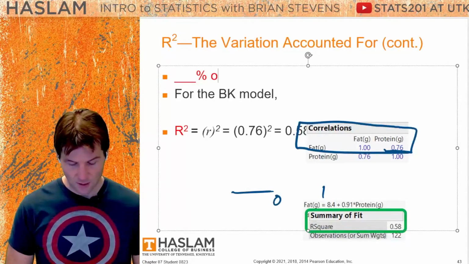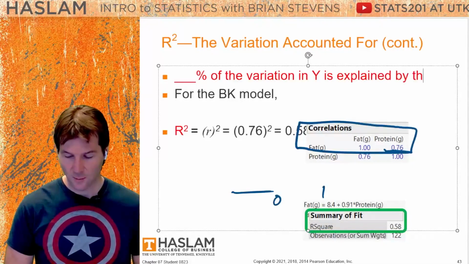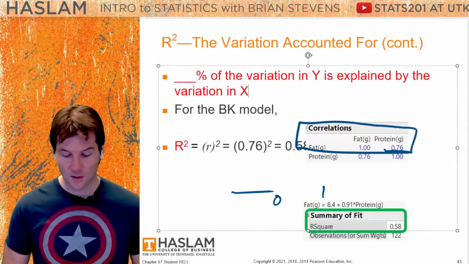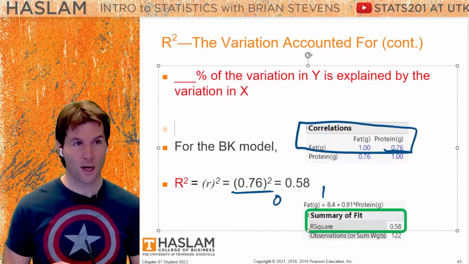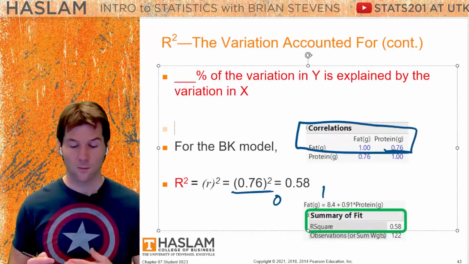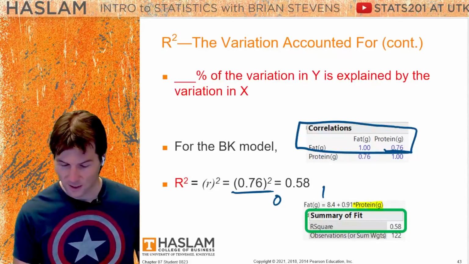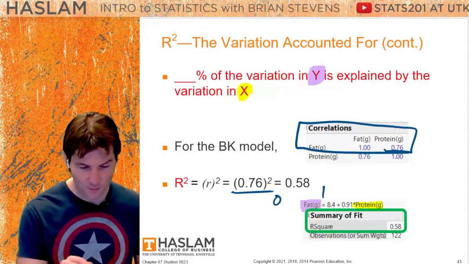Let me write this out right here. Blank percent of the variation in y is explained by the variation in x. This is huge. X is right there, Y is right here.